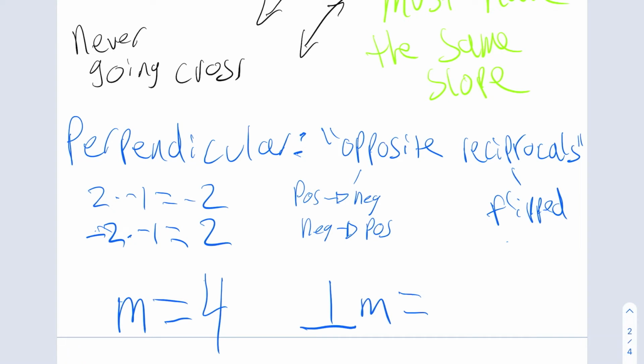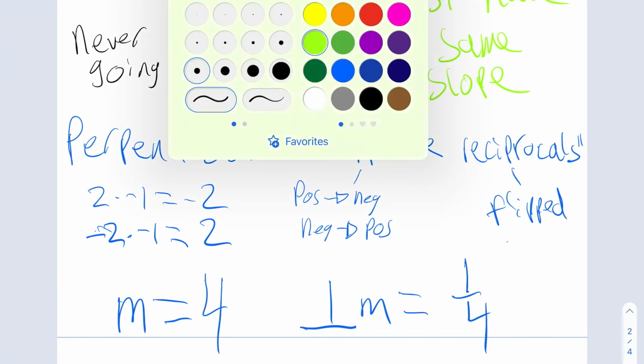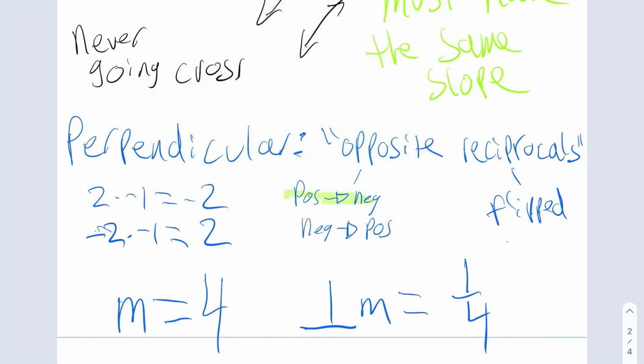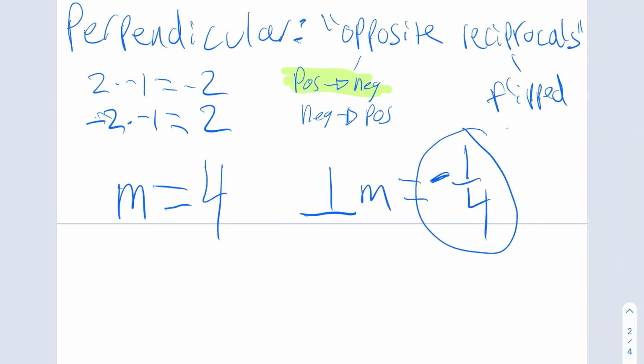Any number can be written divided by 1 because it doesn't change it. So I'm going to call this 1/4, but I need to not forget about that opposite part. If it was positive, now it's not. That means my perpendicular slope is negative 1/4.